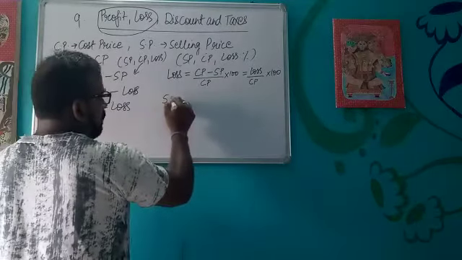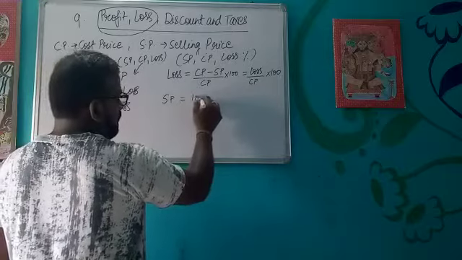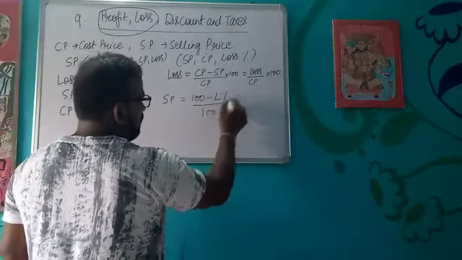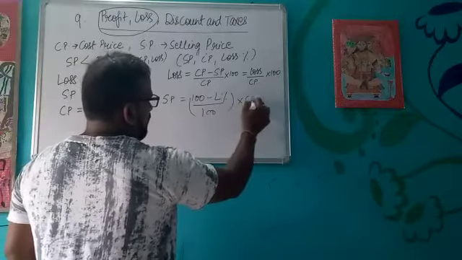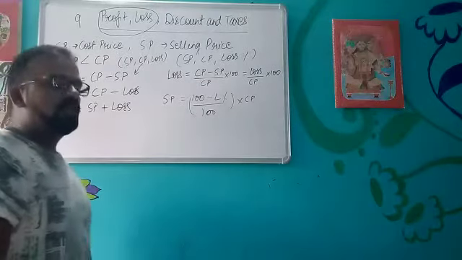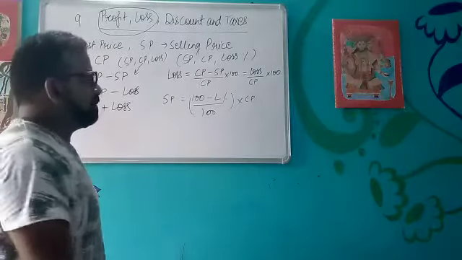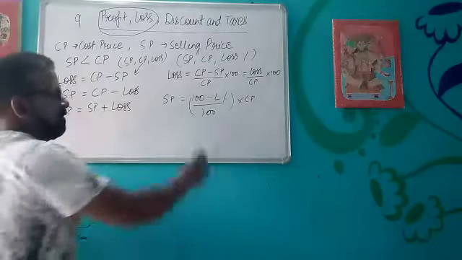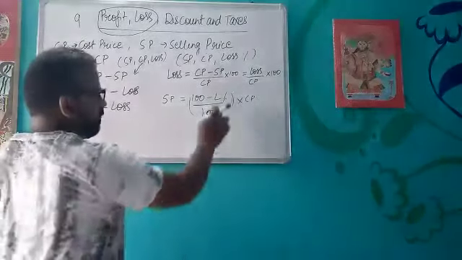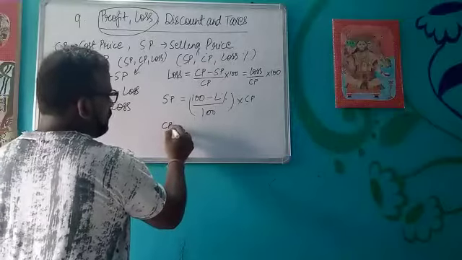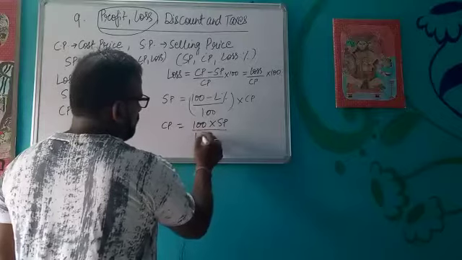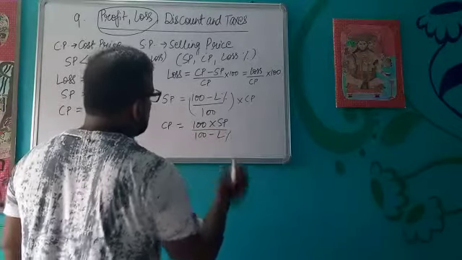Similarly, if you wish to calculate SP, you will subtract loss percent from 100 and multiply by CP. Like in the formulas of profit, you simply change the sign, and in case of loss you put a minus sign in place of the plus sign, and for CP, 100 minus loss percentage.